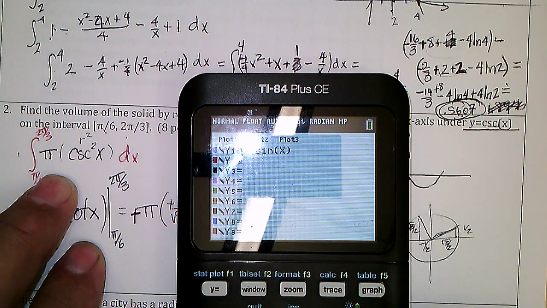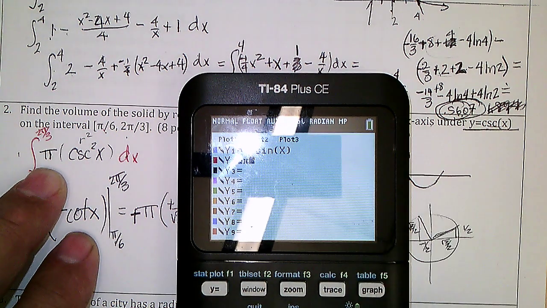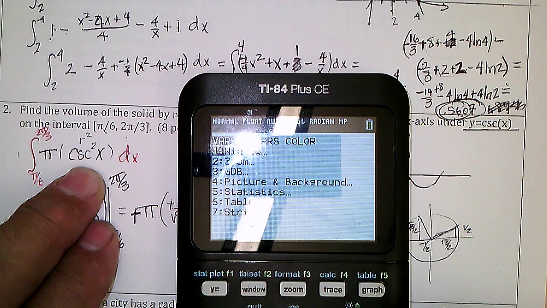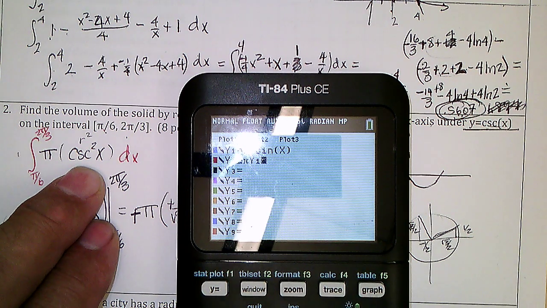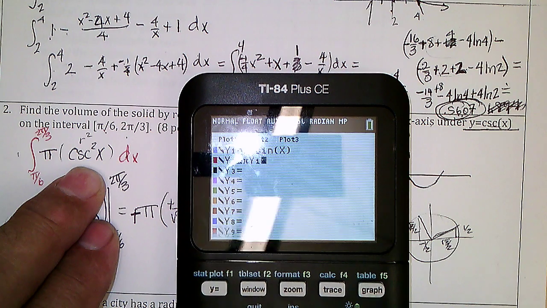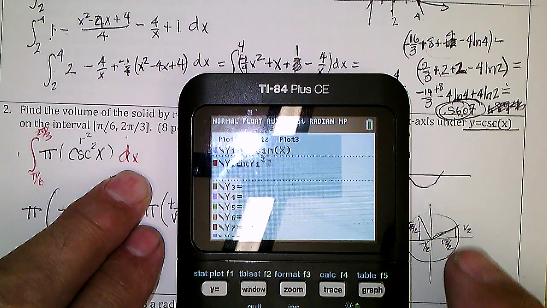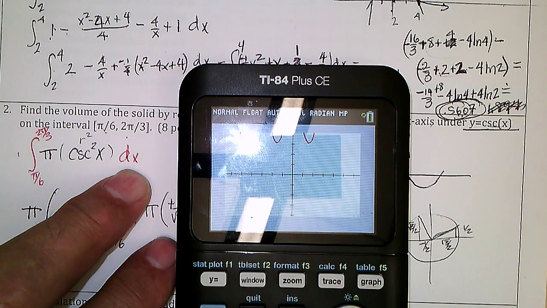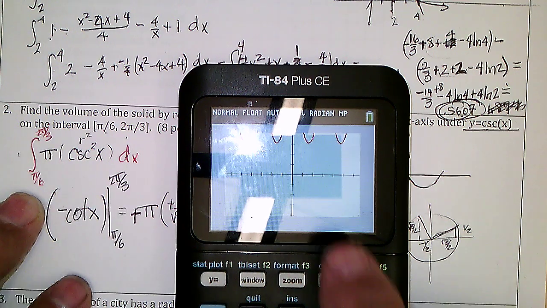And I want to do the integral of pi times cosecant, which is y1, Vars, Y-Vars, function, y1 squared. So here's the graph of the volume of these things, and I want to integrate this.